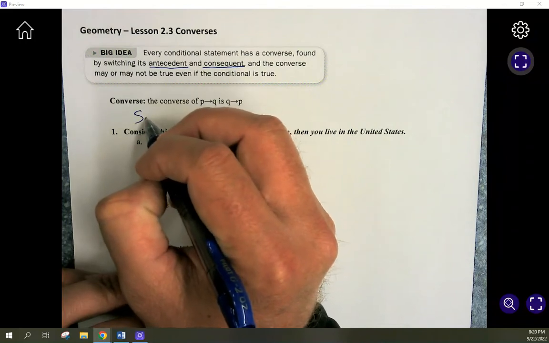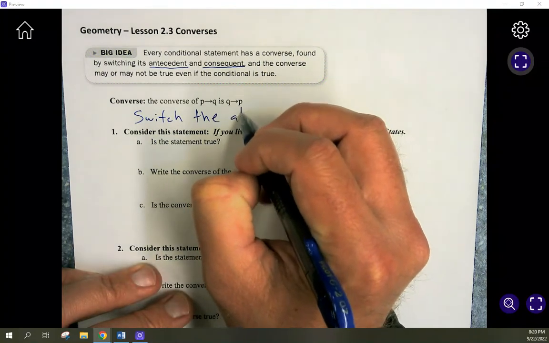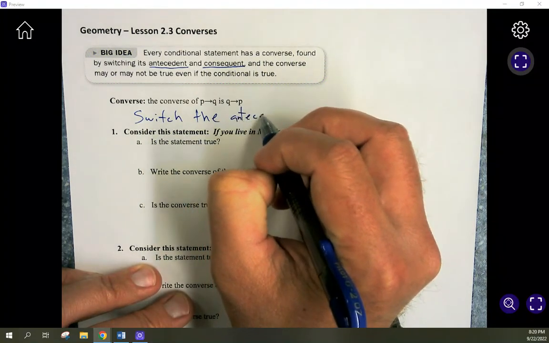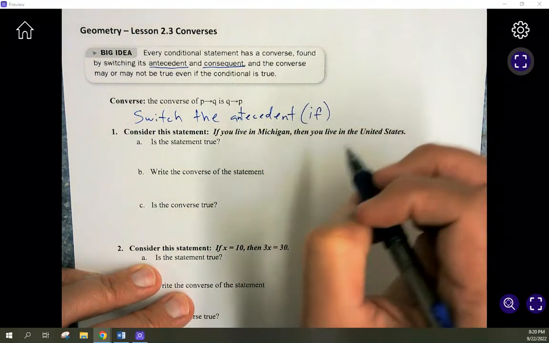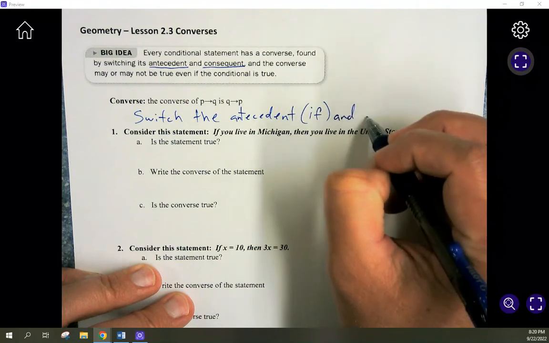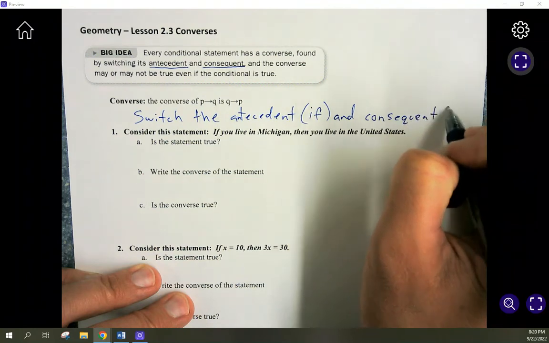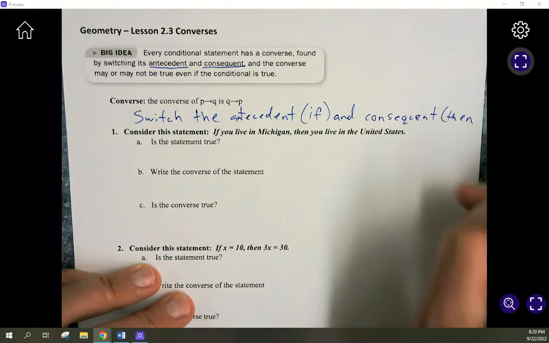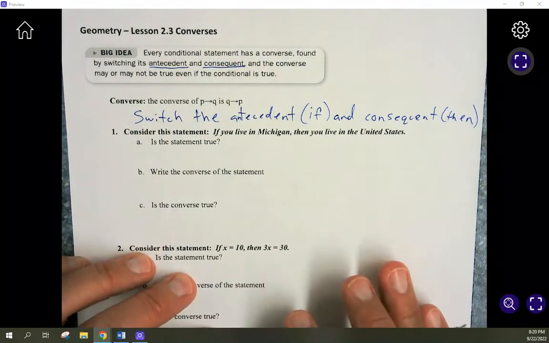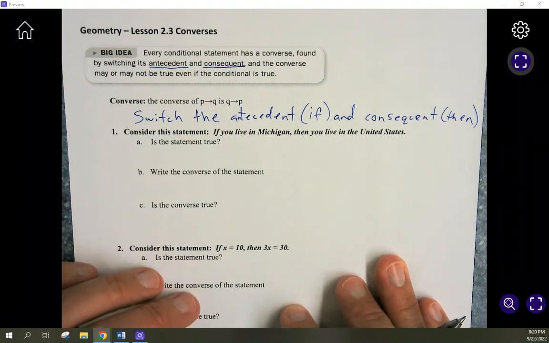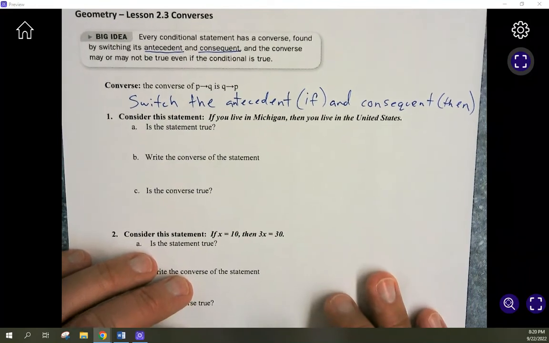We are going to switch the antecedent, which is our if statement, and the consequent, which is our then statement. So we're just going to switch them, and that is called the converse. According to the big idea, it may be true or it may not be true, even if the original conditional statement was true. So let's take a look at a couple.